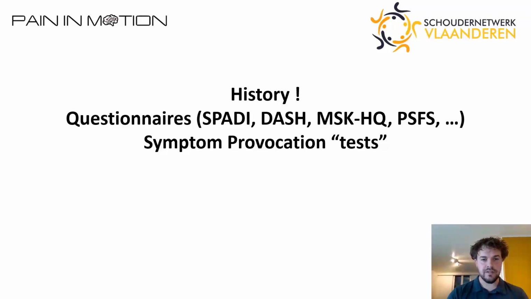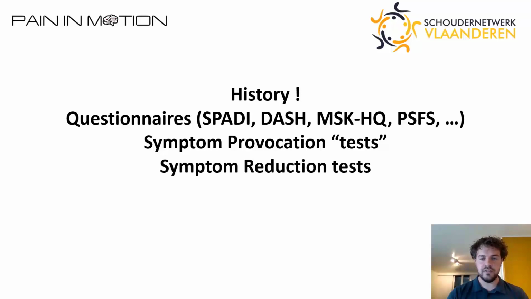So when we have this information about the provocation, about the irritability, we try to reduce the symptoms by using symptom reduction tests, such as the scapular assistance test. And these tests give us information about what way we can reduce the symptoms.